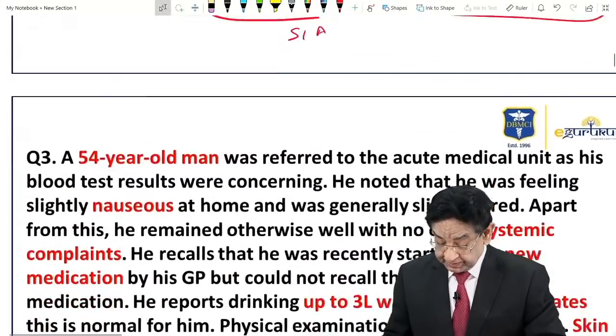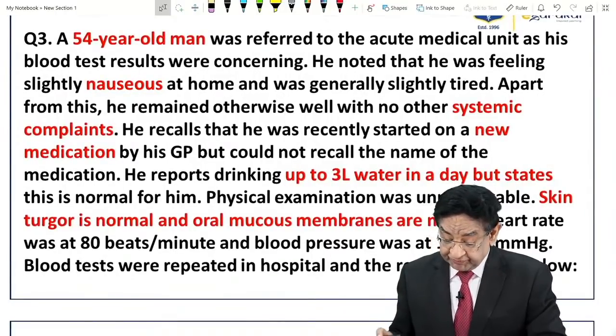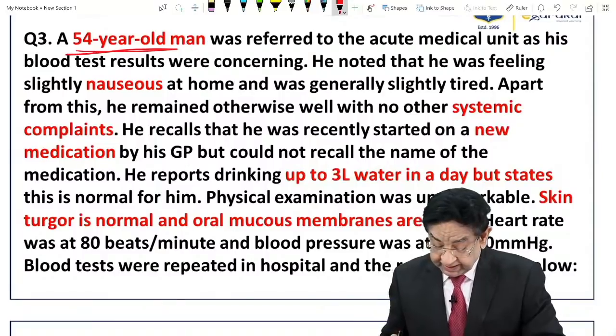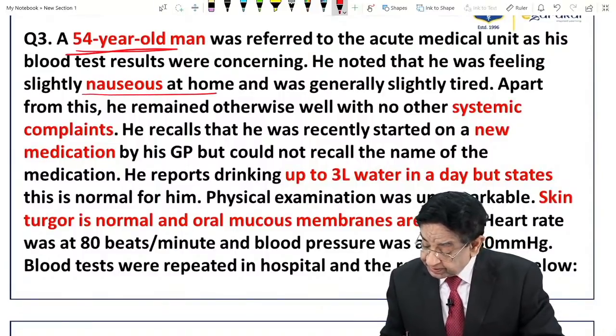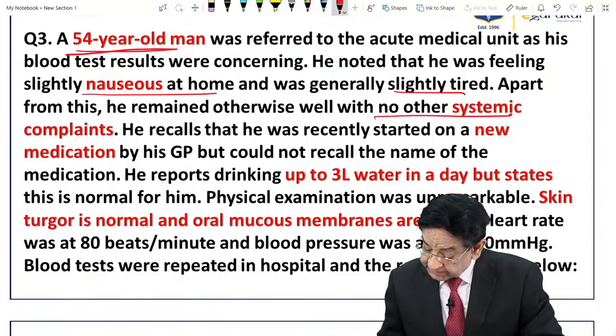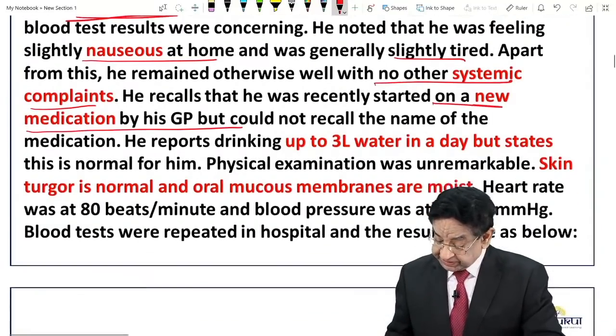Well, question number 3. We are getting a 54-year-old man, and he has been referred because he is having nausea at home, tired, and no other systemic complaints, and he was started on a new medication by his family physician.